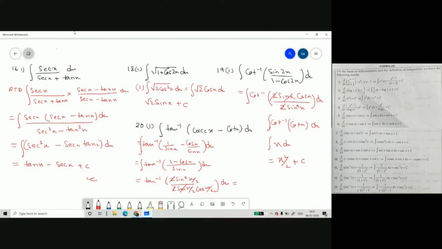It becomes integration of, if you look carefully, tan inverse, and inside the bracket, this is tan x by 2 dx, which becomes integration of x by 2 dx. So half comes outside. Integration of x is x square by 2 plus c, which is x square by 4 plus c. And that's the last sum.